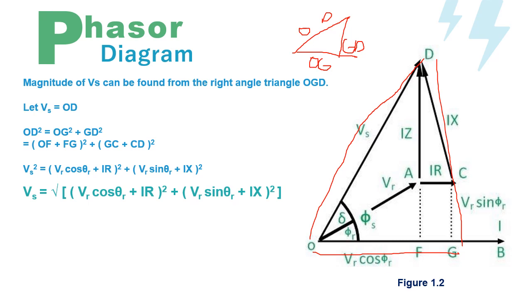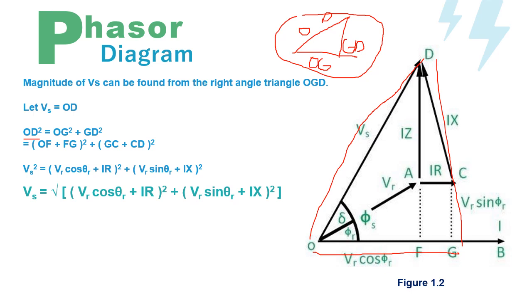First, we have to apply the Pythagorean theorem on the triangle. So, we will have the formula OD squared, since this is the hypotenuse, equals the summation of the base and the height squared. So, this will be OG squared plus GD squared.